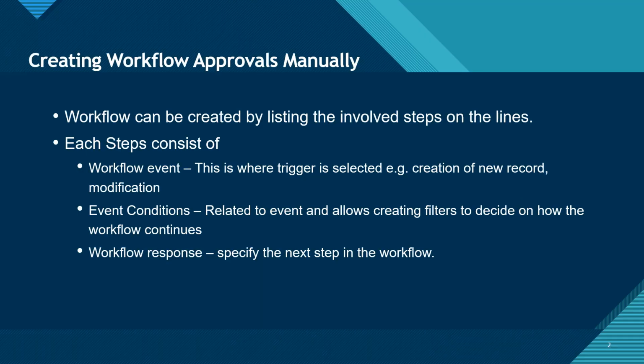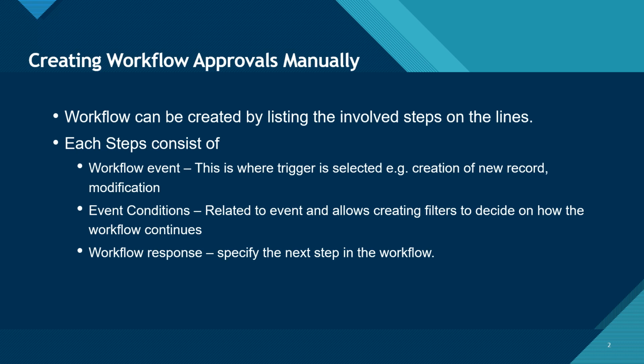Workflows can be created by listing the involved steps in the lines. There are three key components of the workflow approvals. First is workflow event. The workflow event is where the trigger is selected. Examples of the trigger are if you are creating new master data, or modifying master data, or creating any journal line or any document like purchase orders, purchase invoices or sales documents.